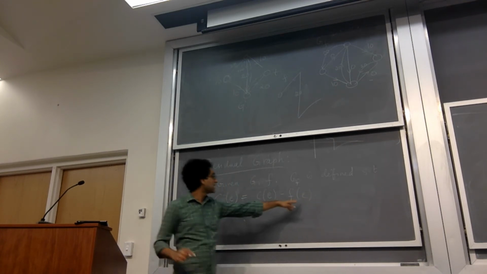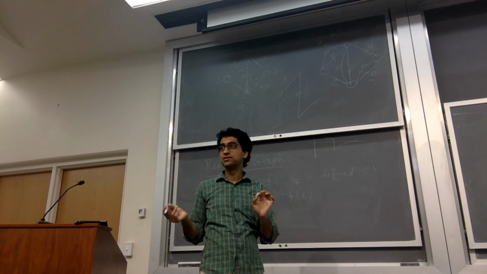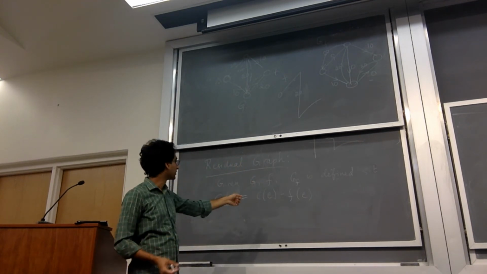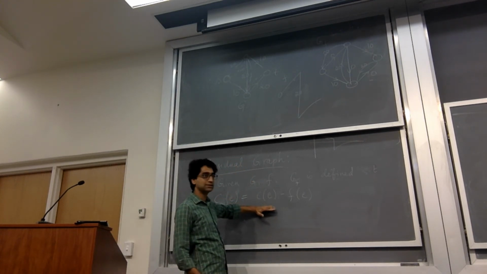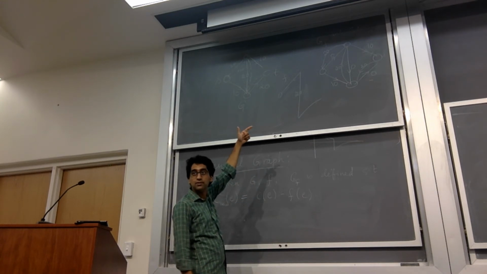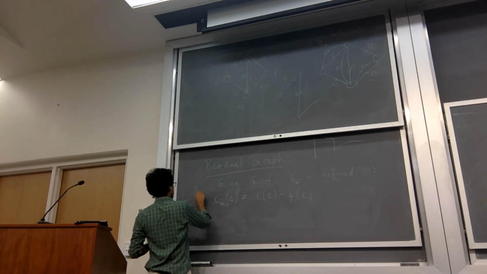This is the new capacity, denoted by C new. By flow on an edge, I mean the sum of all the weights of the flow paths that use that edge. So it's the total flow that this original F was putting on it. These are the forward edges, which existed in the original graph.